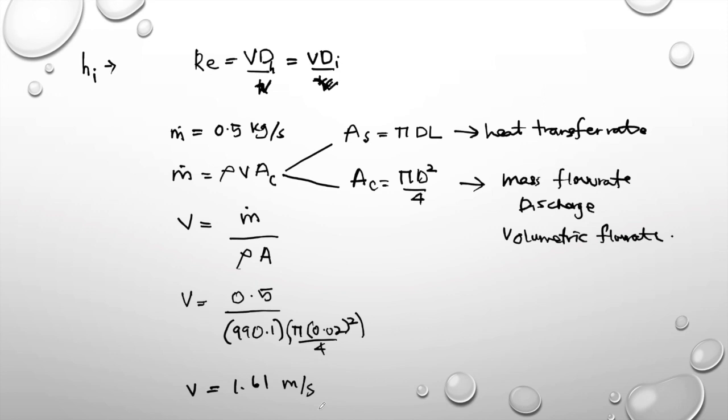Then we have to calculate the Reynolds number. Substitute the value of velocity in the equation of Reynolds number. So Reynolds number equals V, which is 1.61, times 0.02, divided by 0.602 times 10 to the minus 6.